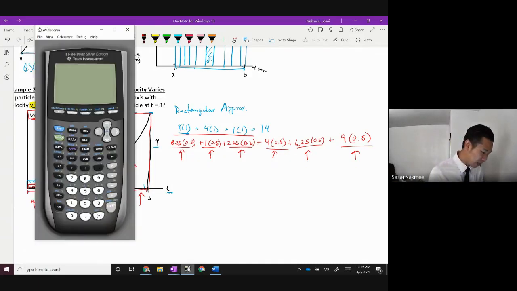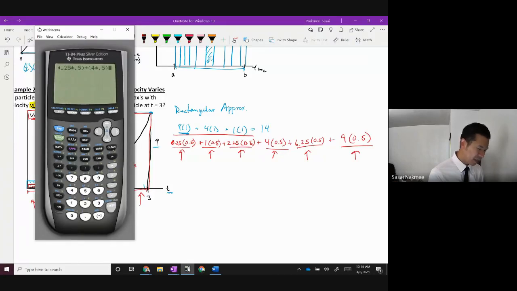So I just plug this into my calculator. I have here 0.25 times 0.5, added with 1 times 0.5, plus 2.25 times 0.5, plus 4 times 0.5.